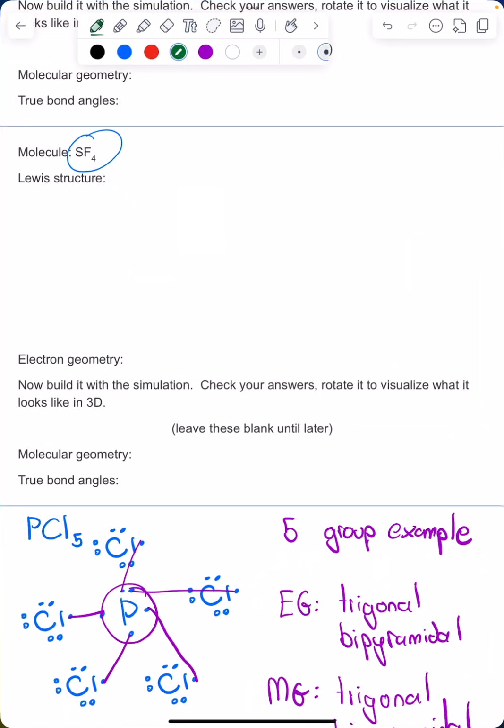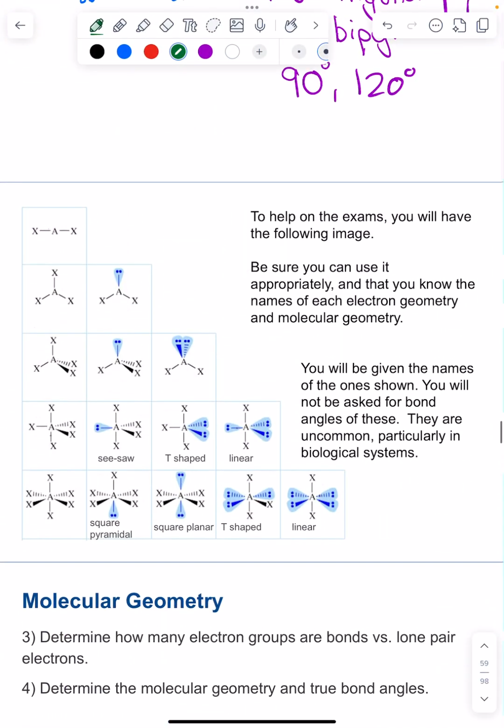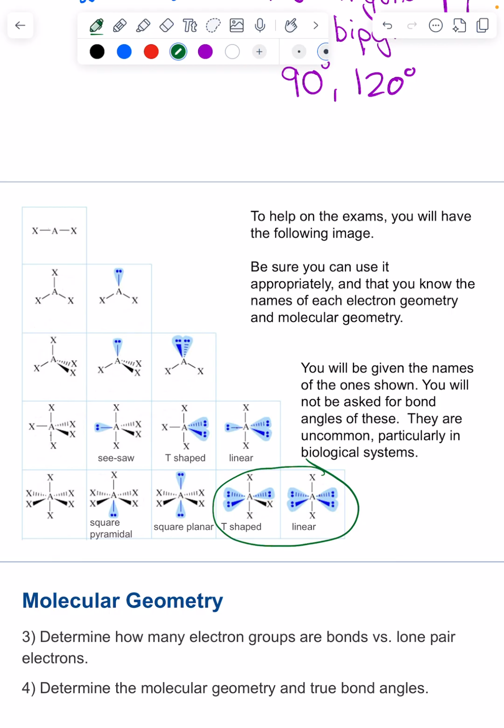If you look in the notes at my table, I have the additional: 6 groups, 3 bonds, 3 lone pairs, that would also be called T-shaped, or 6 groups, 4 lone pairs, that would be called linear. Okay, so you're going to go through examples like this in the homework. So it's not like this is going to be the only thing you're going to review.